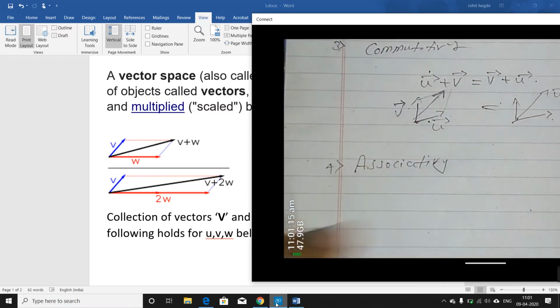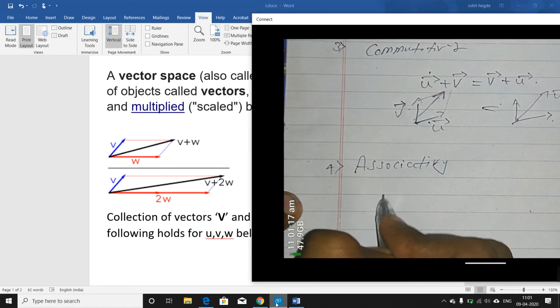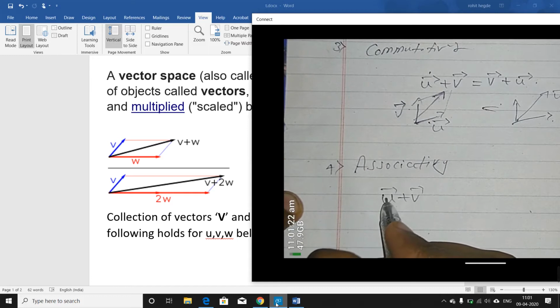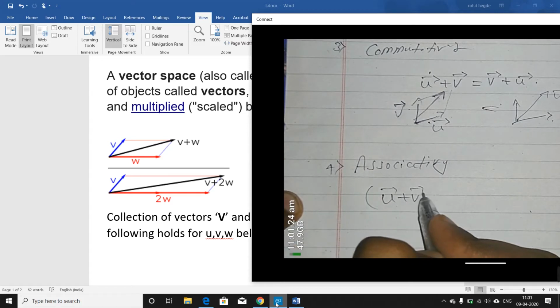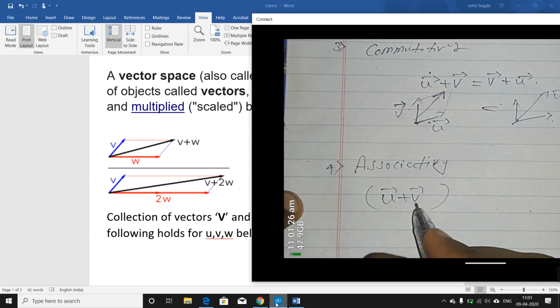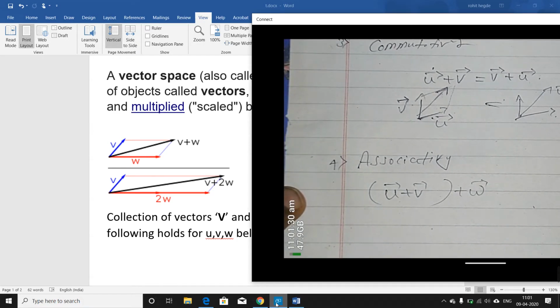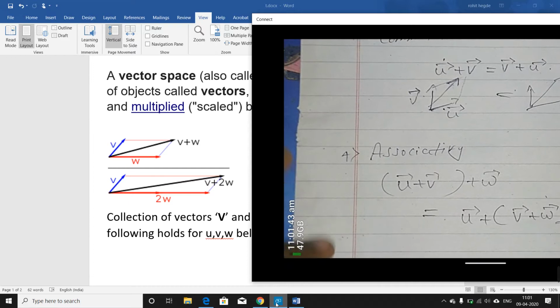Associativity means u vector plus v vector, I'll put a bracket for it, plus w vector, is equal to u vector plus, I'll put a bracket here, v vector plus w vector. Then we will say that the associativity holds good.